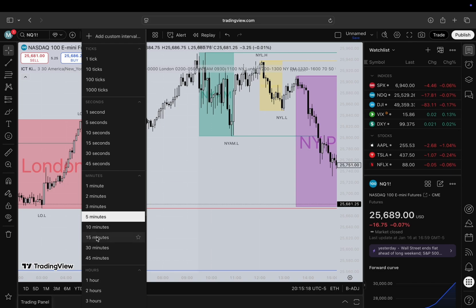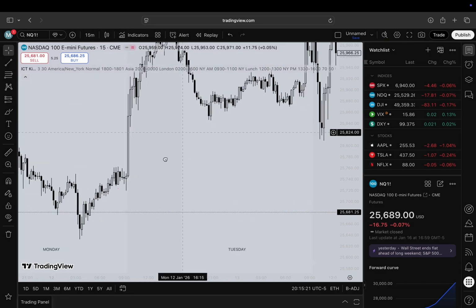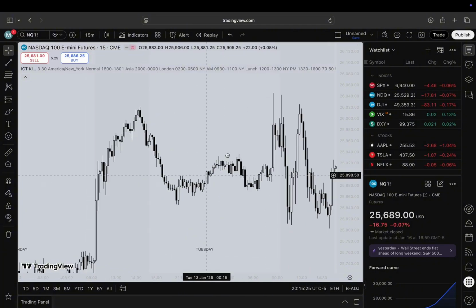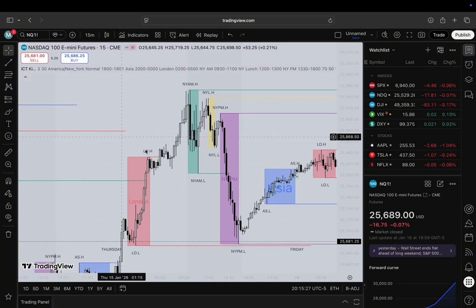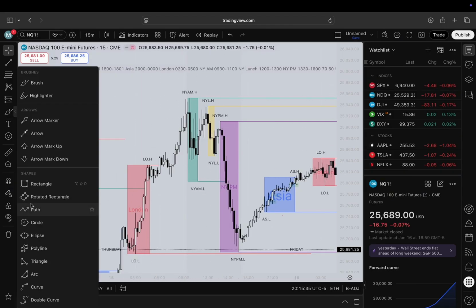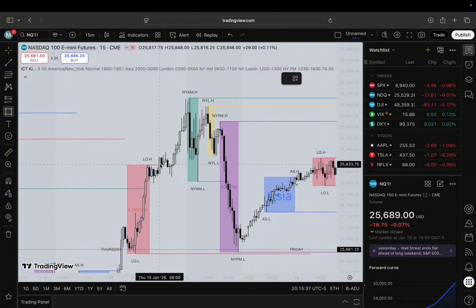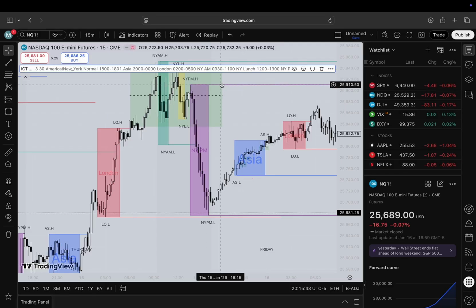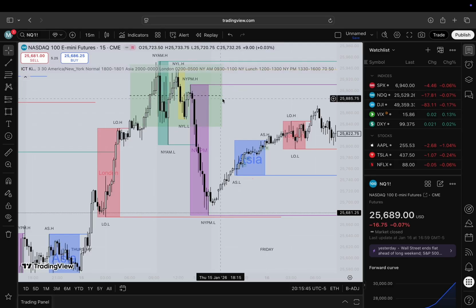Right, and if we go on a higher time frame, it's going to be even easier to see this. We get a sweep of London highs here, right? So this is our manipulation out of the range, and then we continue lower. So this is how you can use session liquidity as a confluence to take your trades, right?